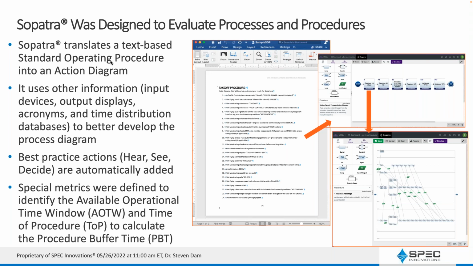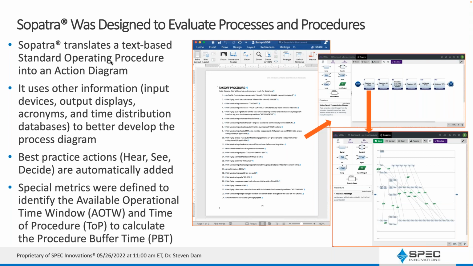The other thing is, from that research work that George Mason did, they came up with some special metrics that we wanted to use, and particularly the concept of an available operational time window. This is the amount of time you have available to execute the procedure before something bad happens.